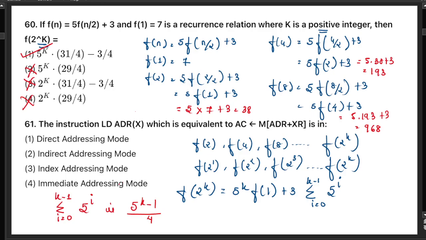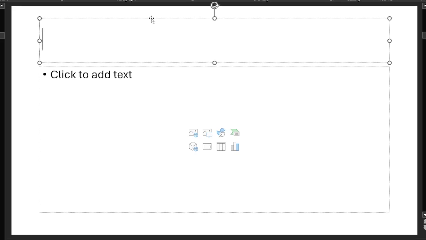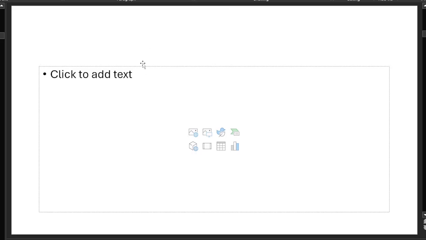First we have to see some little things about this question. I'll write this on the next page, and this is the explanation of question number 61.